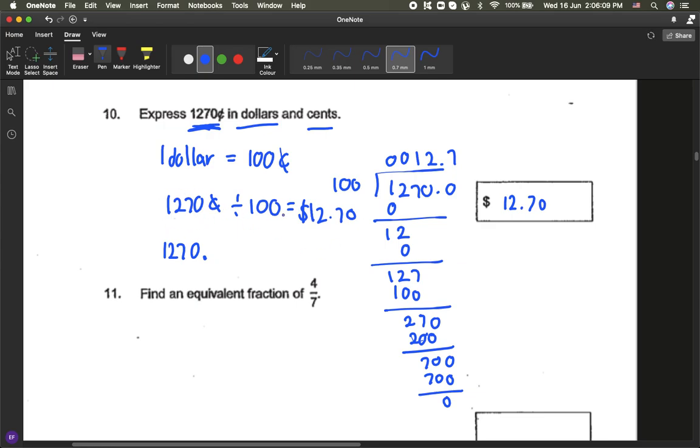And since we need to divide it by 100, we just need to move this decimal place forward twice. So that's equivalent to 100. So our decimal place moves between number 2 and 7. So it becomes $12.70. So we also get the same answer. Okay?